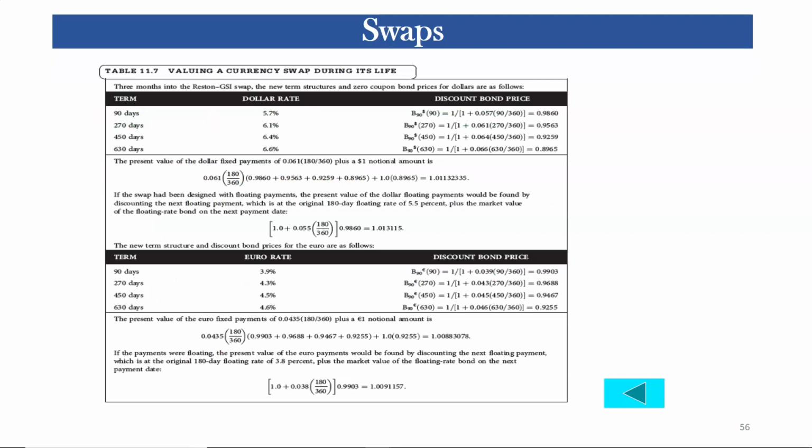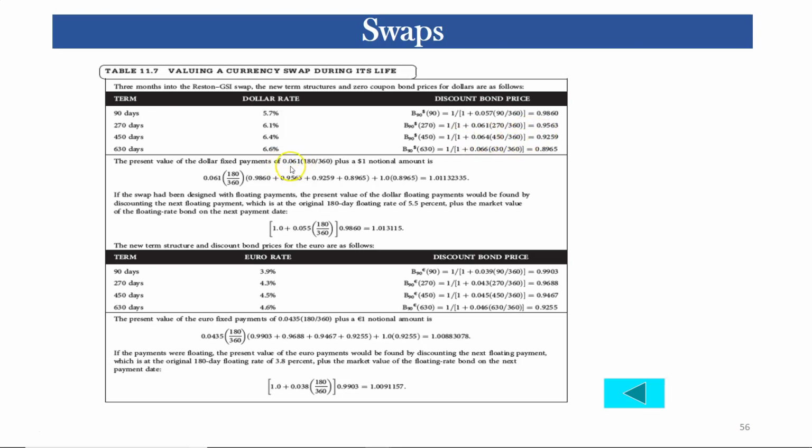Now 90 days into the Reston GSI swap example, the term structure of the dollar interest rate and the euro interest rates have changed. Using these new dollar and euro interest rates for the remainder of the swap term, we have calculated the prices of zero coupon bonds, that is the present value discount factors for dollar and euro cash flows.